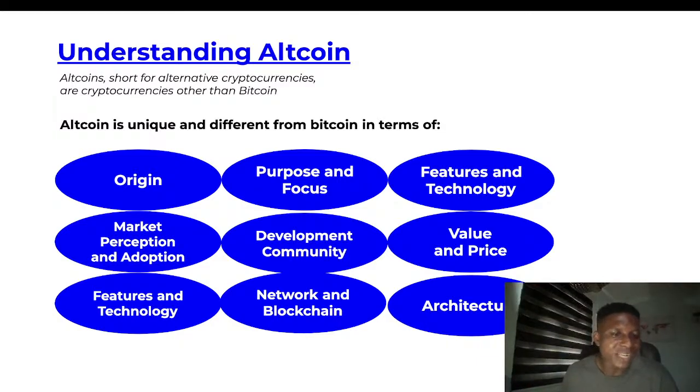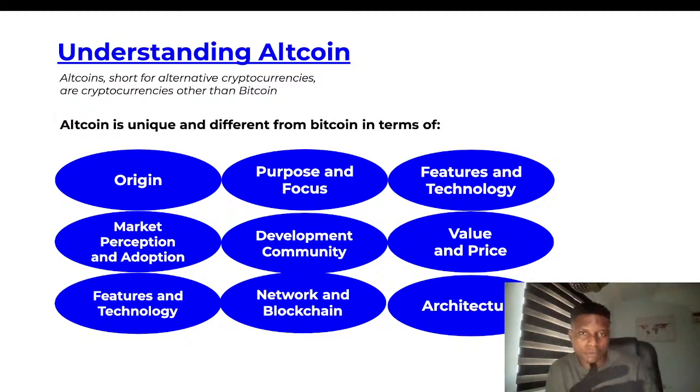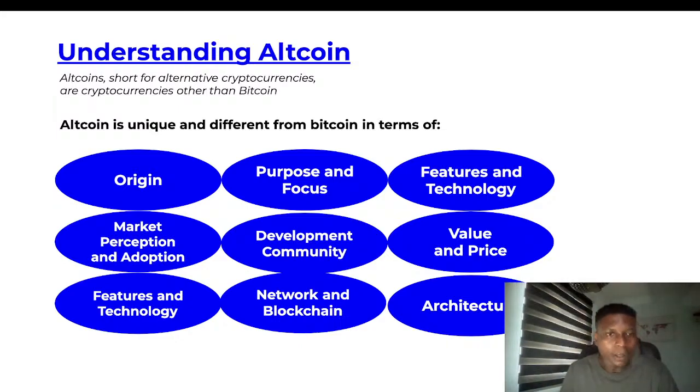It's different in terms of its origin, its purpose and focus, its features and the technology behind it, market perception and adoption, community development, value and price, network and the blockchain, and also the architecture of the protocol or the token. This is what distinguishes Bitcoin from the alternative coins.